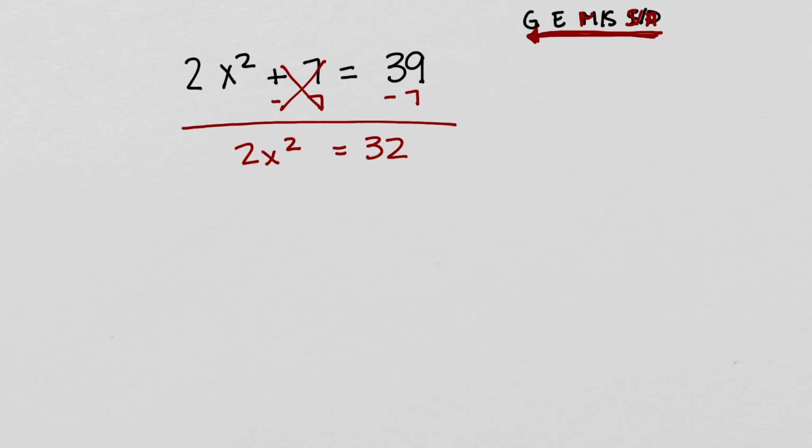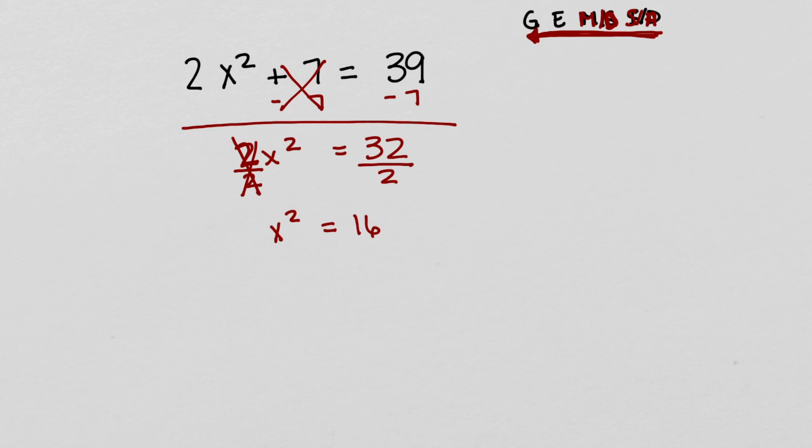Okay, so I've done my subtraction and addition. Let's look for multiplication and division. Well, I see that I have a 2 multiplied to my x squared, and I can get rid of that. So let's divide both sides by 2. Well, 2 divided by 2 turns into 1, so it basically goes away. It leaves me with x squared equals 16.